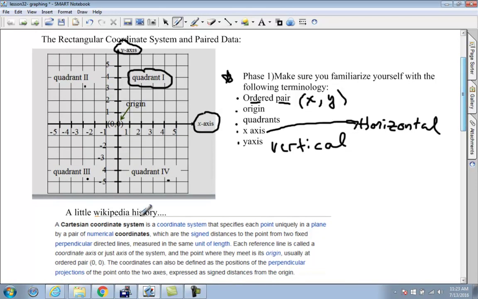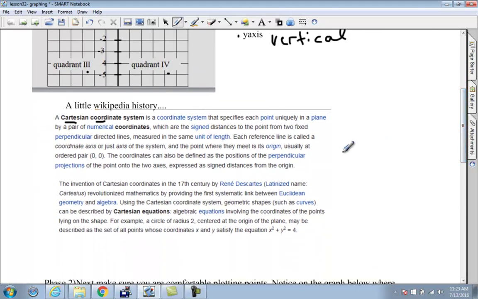Now I clipped in a little Wikipedia history here for your reading pleasure. The rectangular coordinate system is otherwise known as the Cartesian coordinate system. I'm not going to read the whole thing with you, I'll let you read that, but I think this is important here. René Descartes, I mean, we're talking 17th century René Descartes, revolutionized mathematics by providing the first systematic link between geometry and algebra.